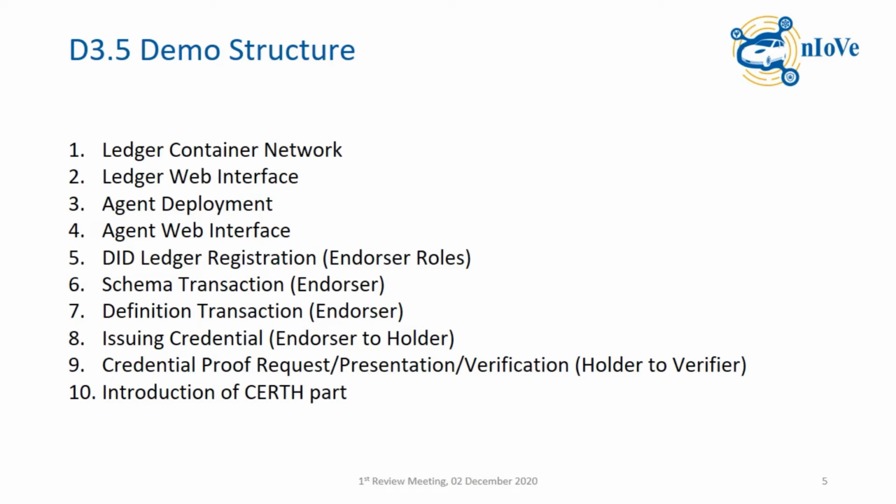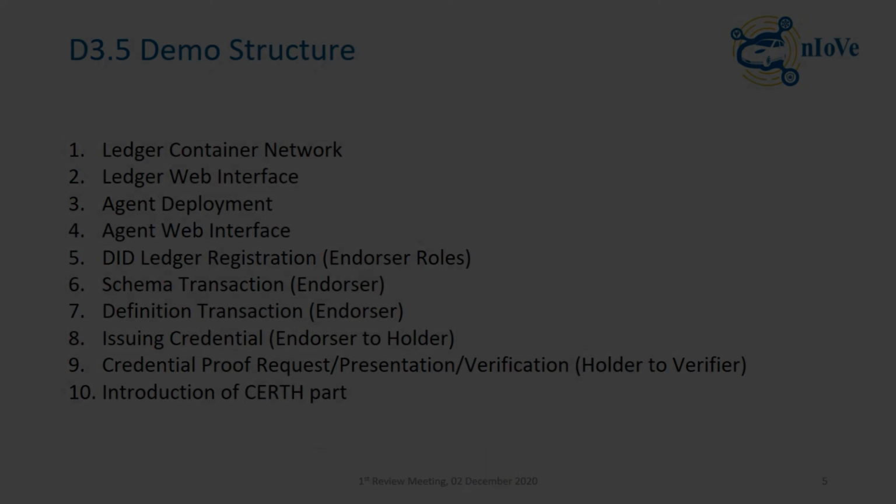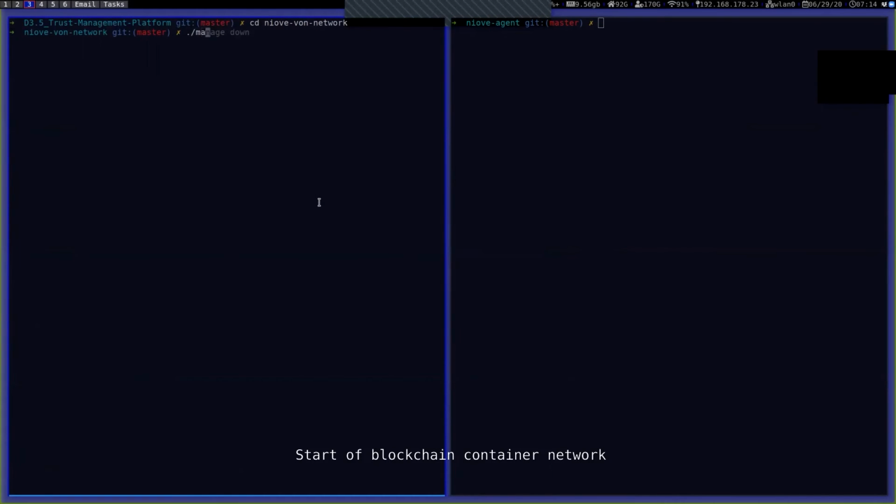A cloud server and a vehicle agent are holders and verifiers respectively. The demonstrator shows the credential schema, the credential definition, registration and the issuing procedure of a credential, as well as the presentation and verification of a verifiable credential.